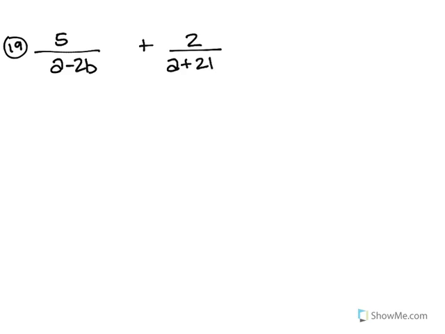Number 19. 5 over a minus 2b plus 2 over a plus 2b.